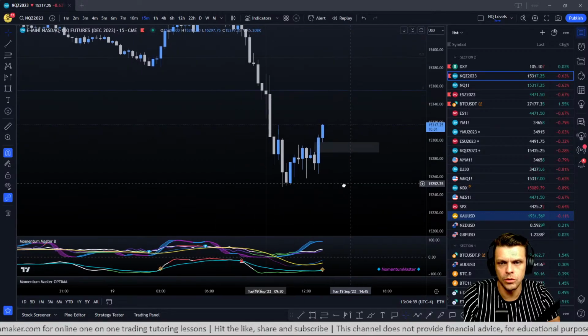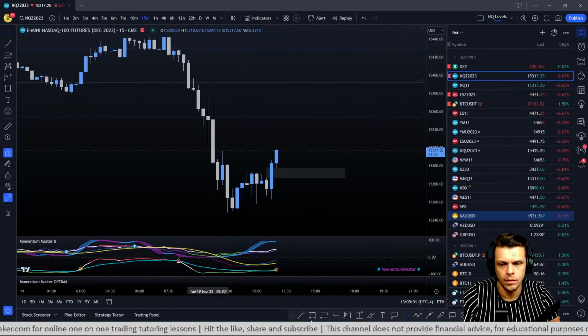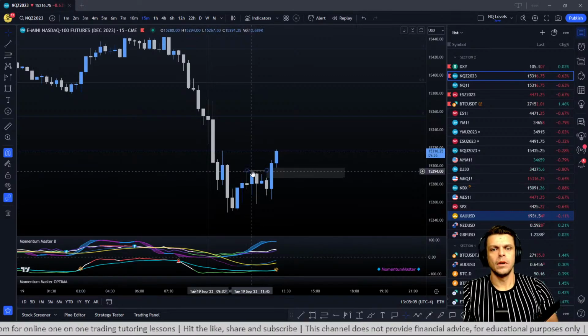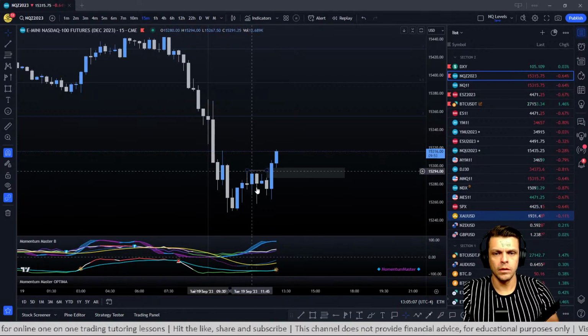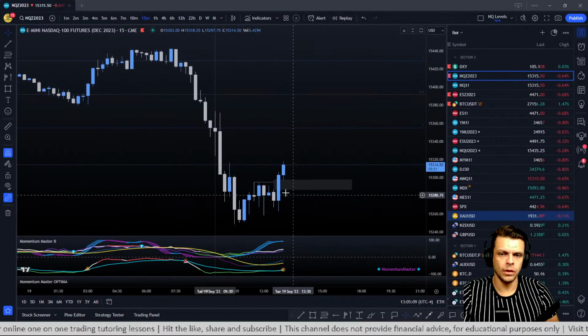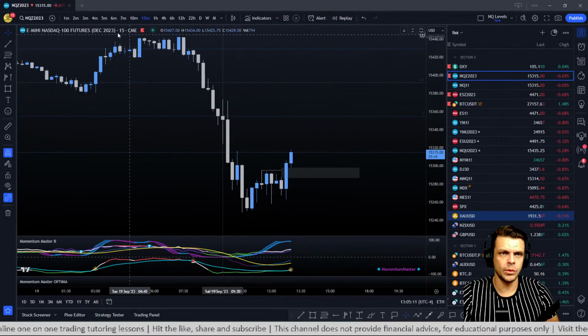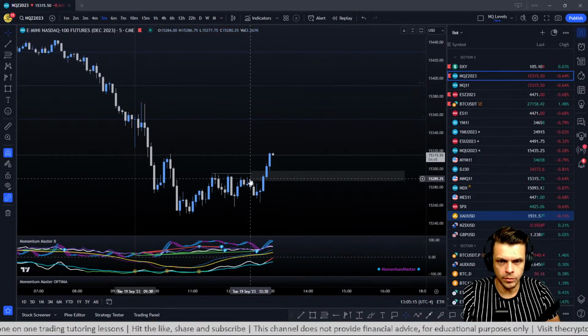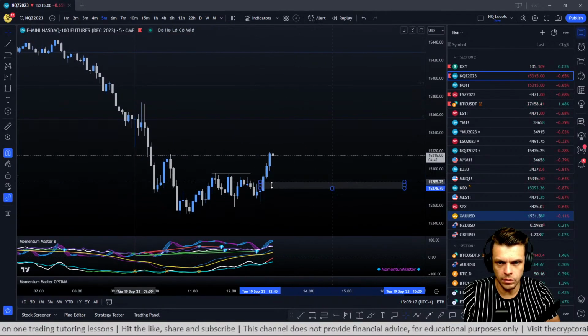But there's an imbalance starting to print. So this is the most recent high. So it's kind of starting to do a bullish market structure shift. We just need the displacement on the 5 minute. Let's refine it down to the 5 minute.